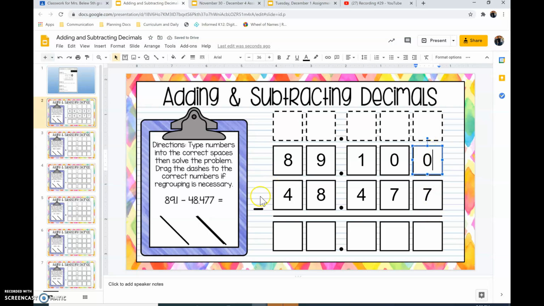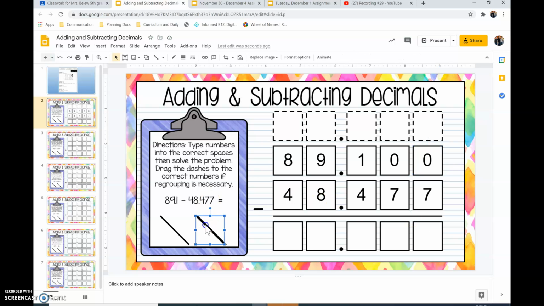So now I'm ready to subtract. 0, take away 7. That is not possible. I need to regroup. So what I'm going to do is slide this over and slash it out. So I'll have to come over here. Oh man, I can't do that. So I'm going to have to regroup again.